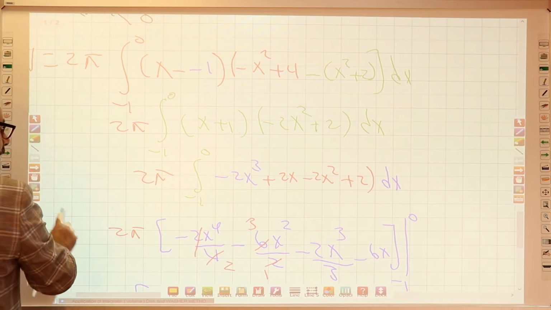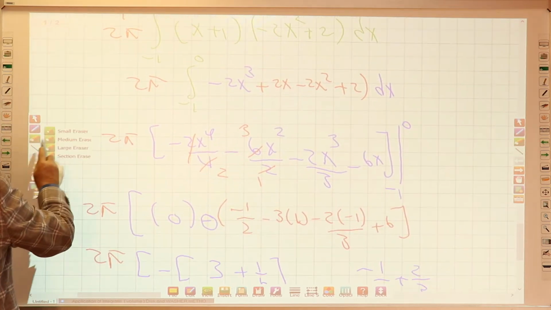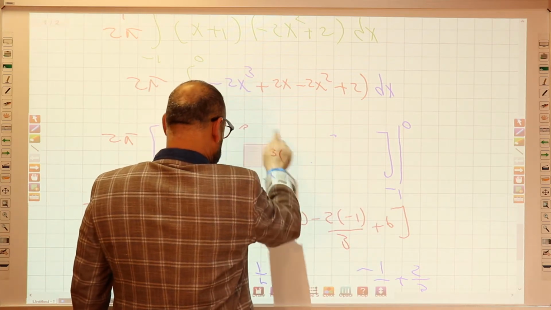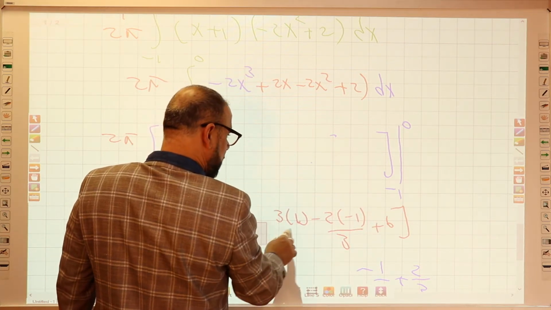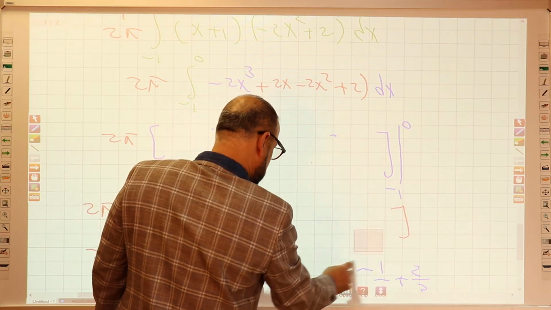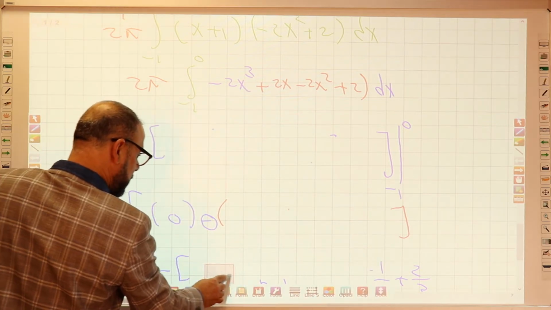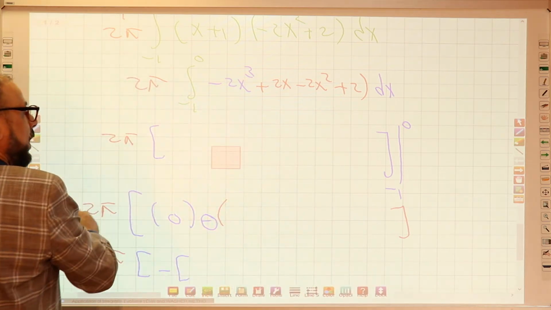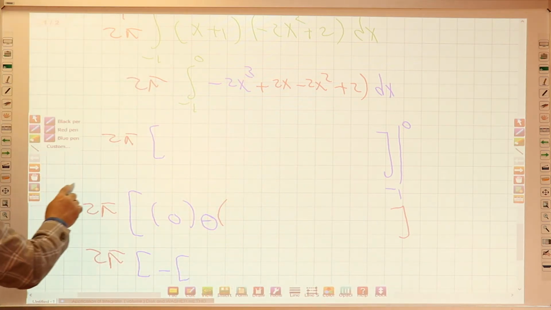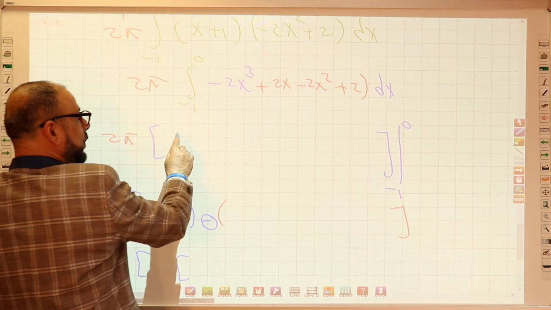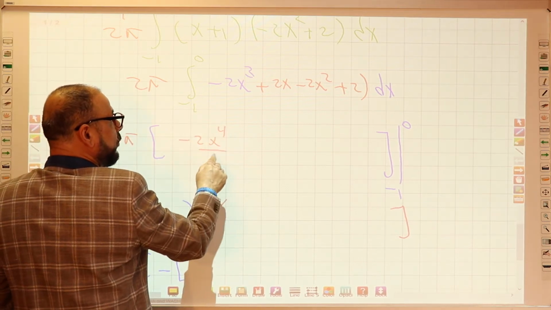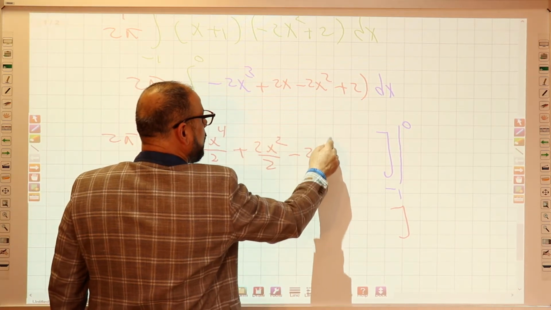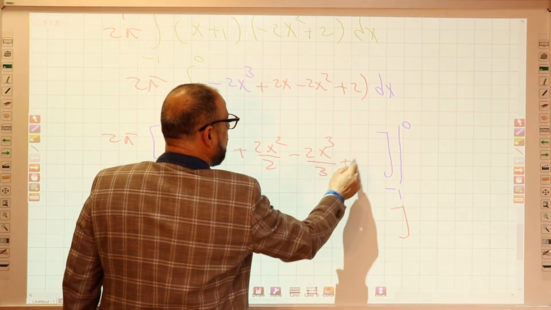When you integrate it, negative 2x to the 4th over 4 plus 2x squared over 2 minus 2x cubed over 3 plus 2x.